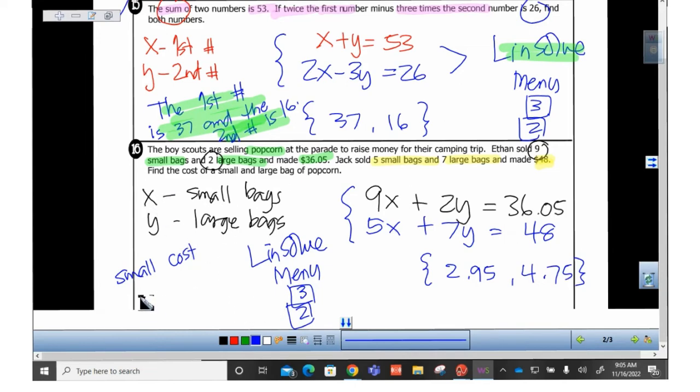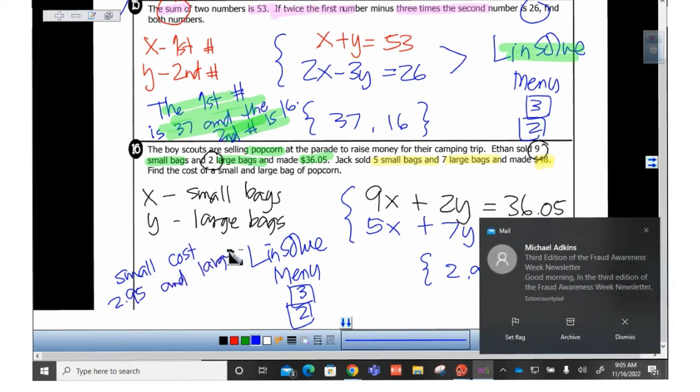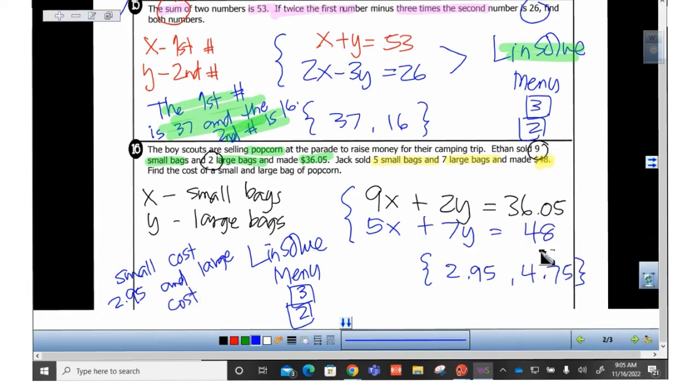We're talking about the small bags of popcorn. And the large costs $4.75. Let's put a dollar sign. Alrighty. Now let's move to the next question. We have number 17 and 18.